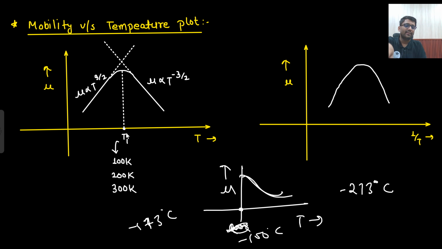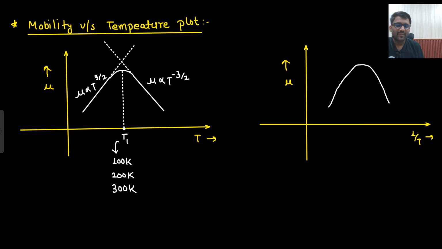So it is different with respect to different materials, and with respect to different conditions as well. It will depend on doping and all these kinds of things. But it will never be greater than room temperature. So no matter whatever the semiconductor that you are having, if you are at the room temperature, then always with the increase in temperature, your mobility will decrease.